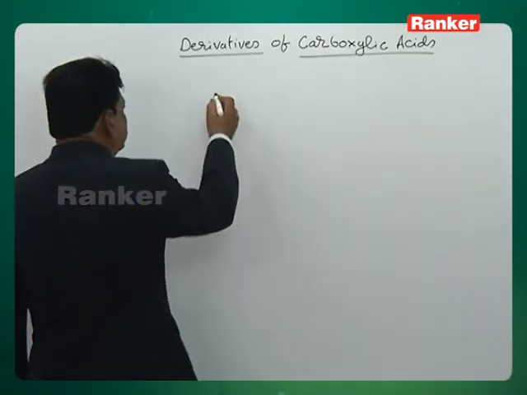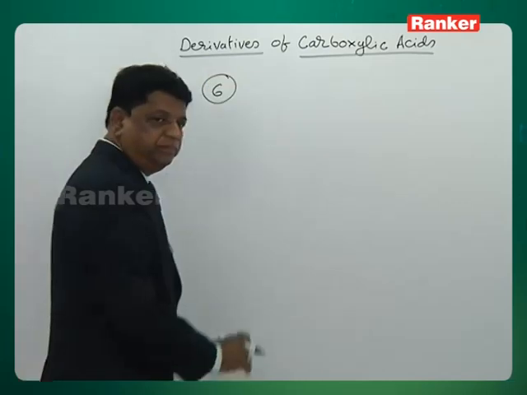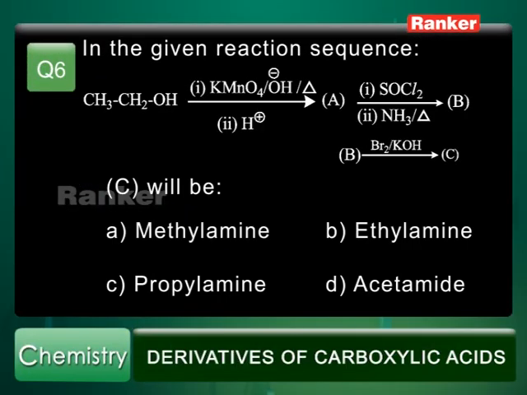So let's go to question number 6. In the given reaction sequence, ethyl alcohol reacts with an oxidizing agent, permanganate in basic medium, heated. It gives a carboxylic acid salt, and on acidification you get acetic acid, A. Compound A is acetic acid.